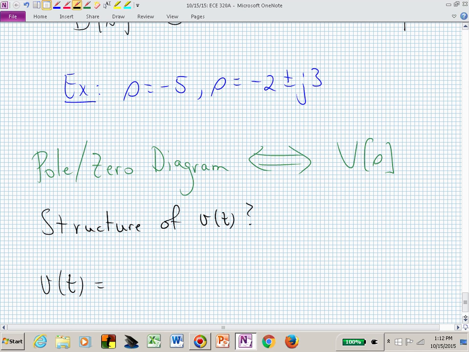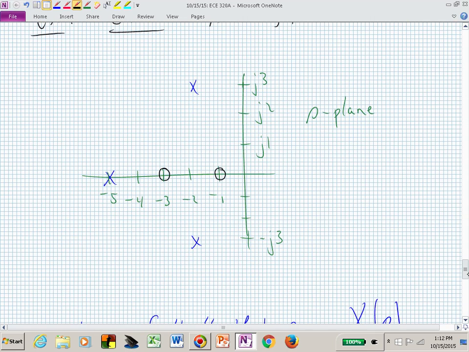That's what I was asking for a minute ago, but if I just gave you that, now you would simply have to focus on the x's, and the real parts of those give us the decay, e to the minus 5t, e to the minus 2t, and the distance, the vertical displacement, gives us the shaking, the frequency, and the cosines and sines. Anytime we have complex conjugate poles, we have sines and cosines.